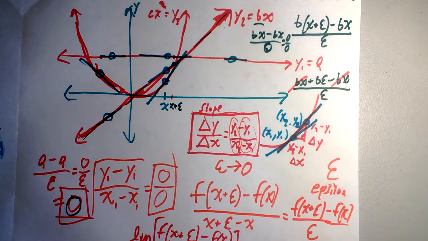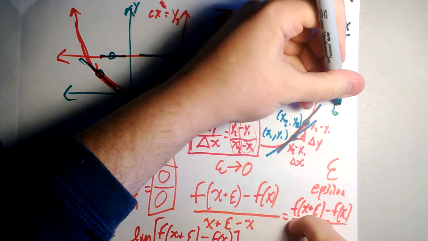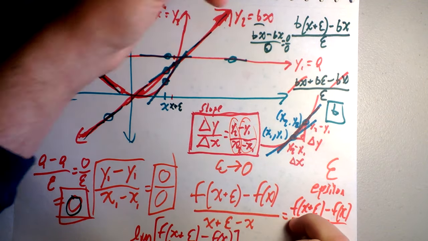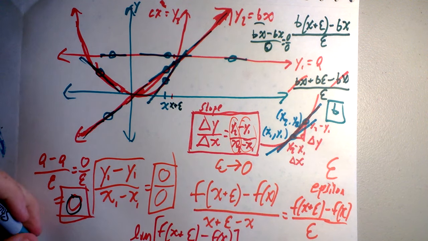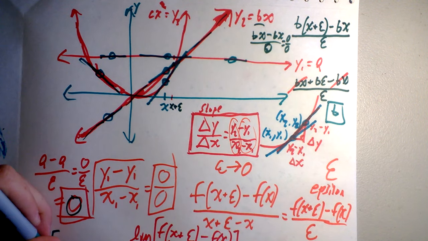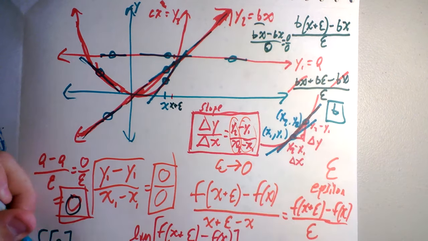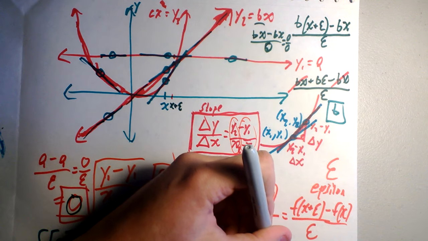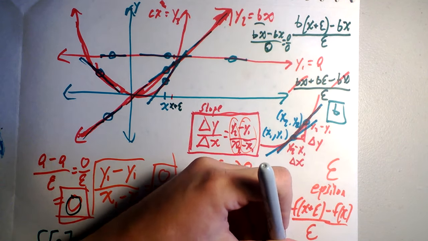Those epsilons can divide out, and you just get a value of b. Checks out. We get a slope of b at every point. And so that is the slope of y2. You could actually name it a slope function, S. So we show that S of a, any number really, is 0. We show that the slope of any b times x is b.